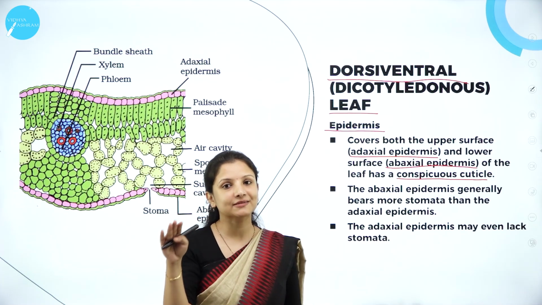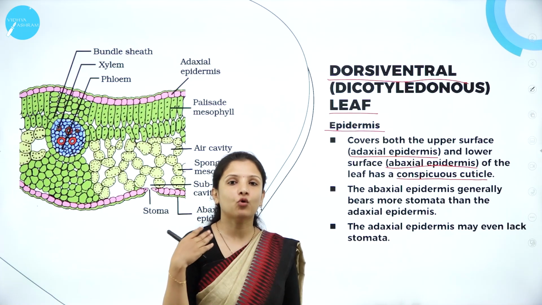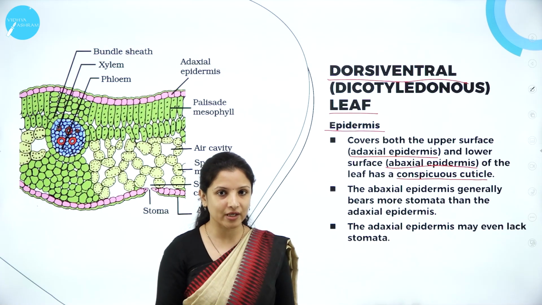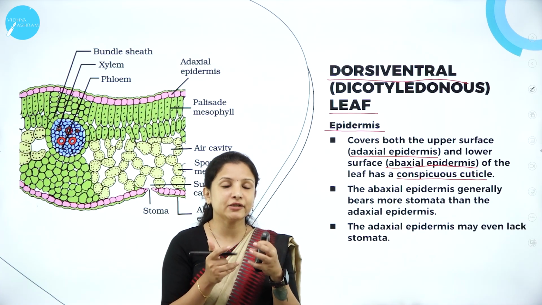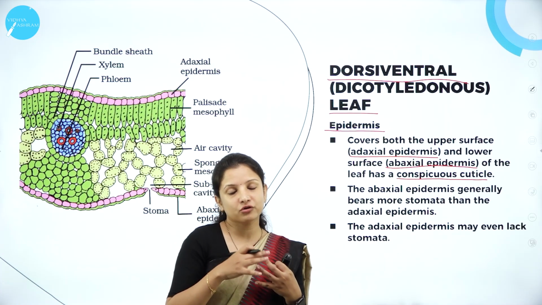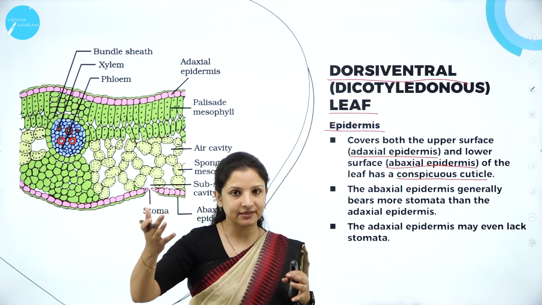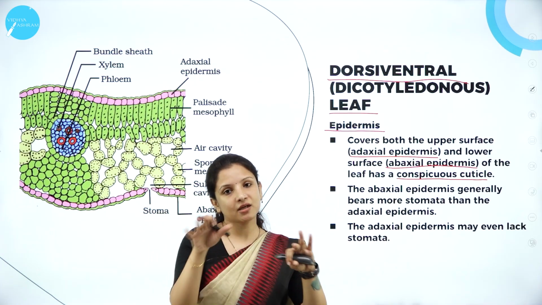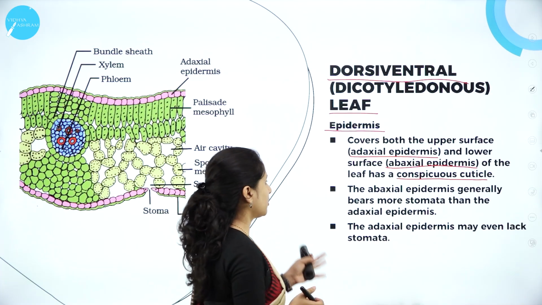So this thick waxy cuticle acts as a water repellent. And in the case of xerophytes, that is those plants growing in the desert, those plants need to save water. So water should not get transpired from the cells. To prevent that, around the epidermis, they'll have a thick waxy coating. So that is about the cuticle.